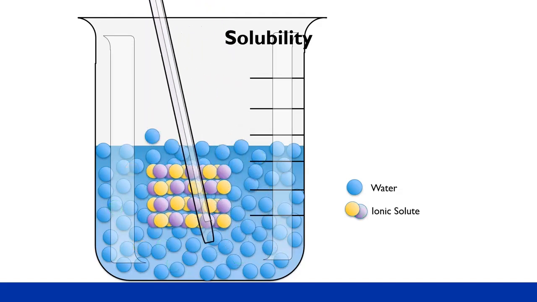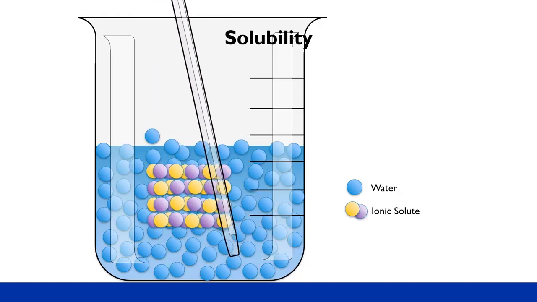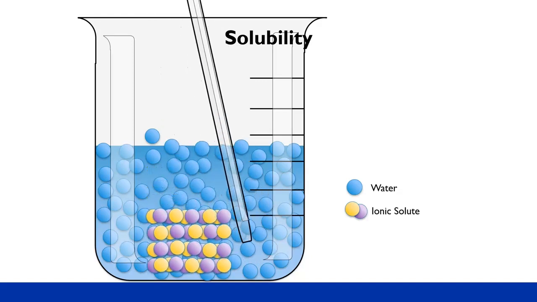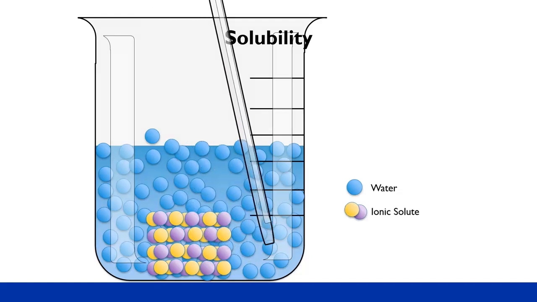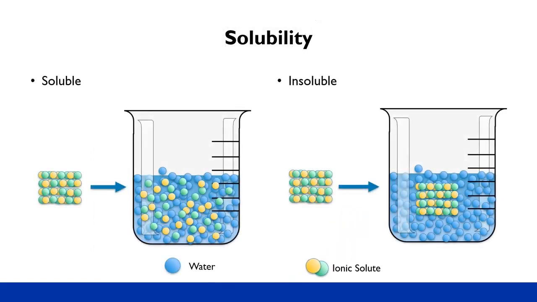On the other hand, some ionic solutes do not break apart in water into ions and thus do not dissolve. Those are called insoluble as they form a solid precipitate. When substances react with each other when you mix them, some will form soluble substances, which will dissolve in solution, and some will form insoluble substances, which are the solid precipitates that form at the bottom of your solution.